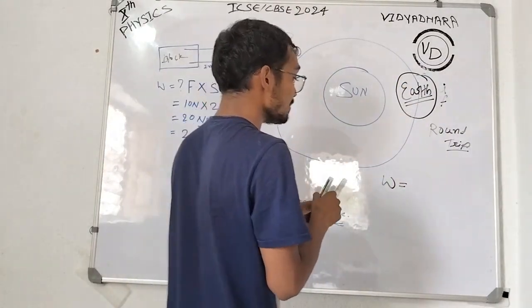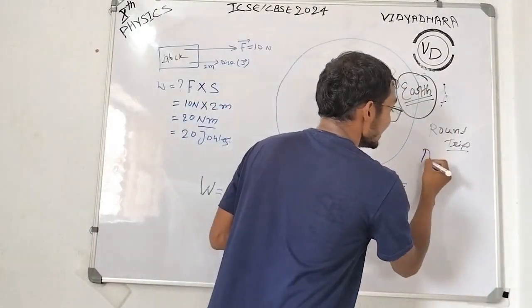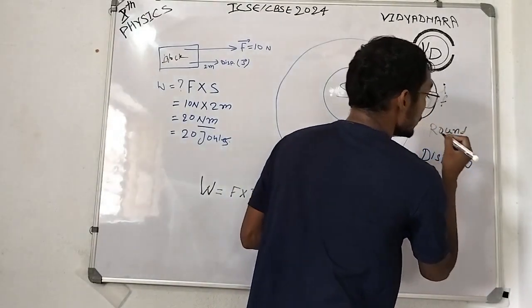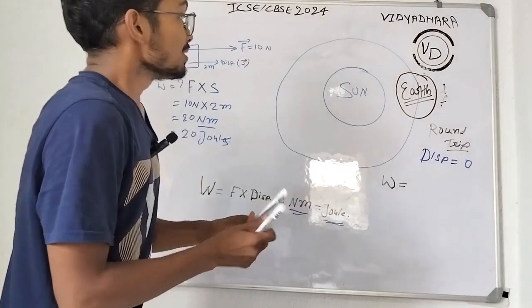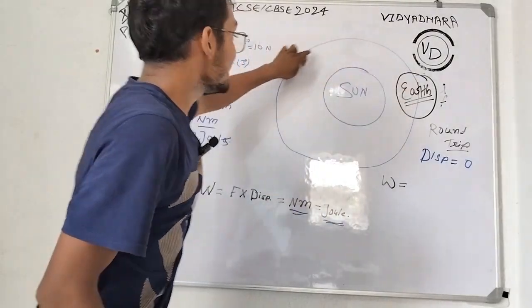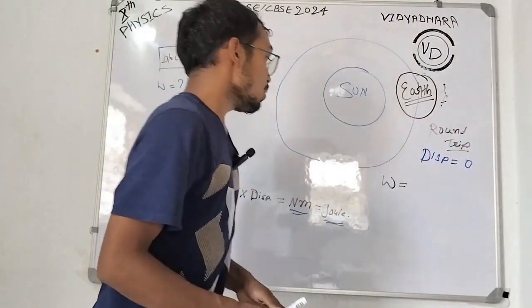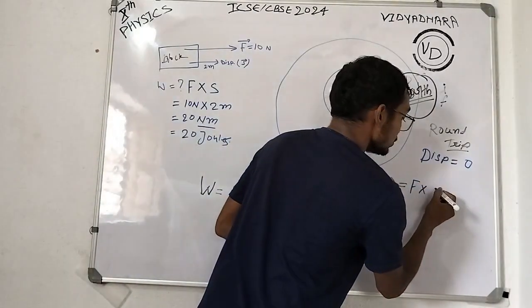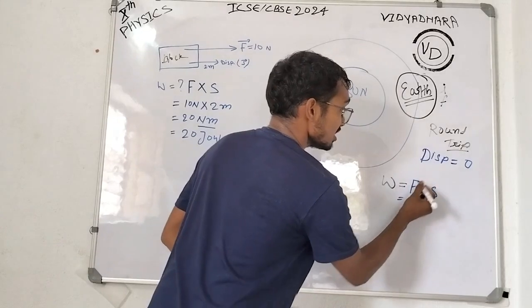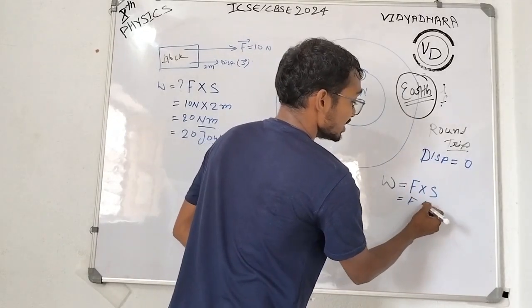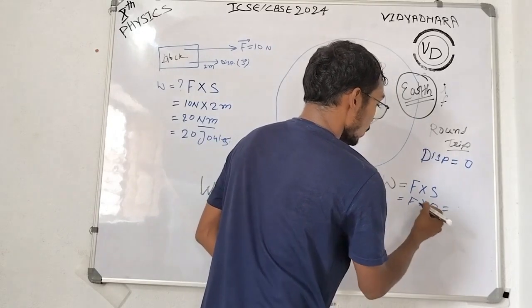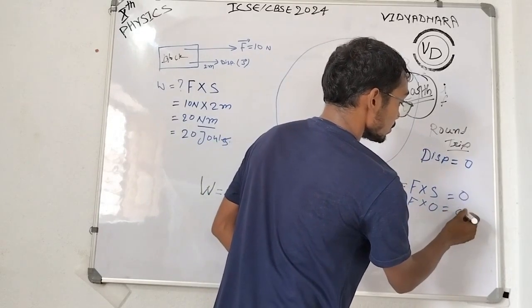So the displacement of this trip is equal to 0. Work is equal to force into displacement, and displacement is 0, so overall work done is equal to 0.